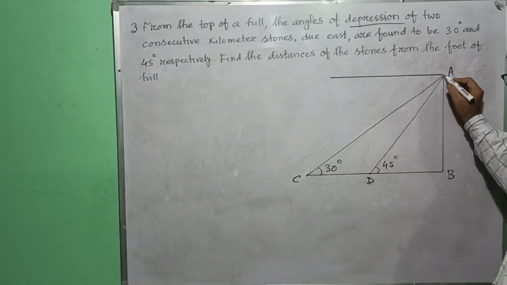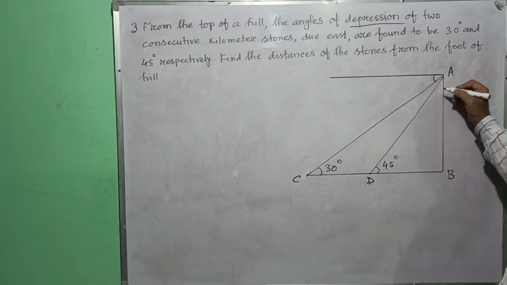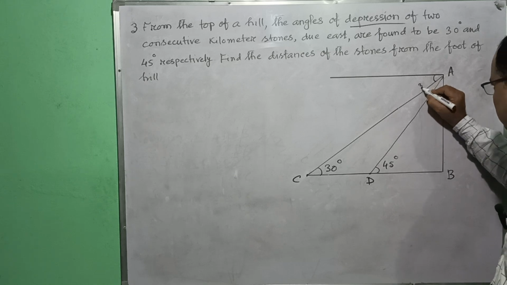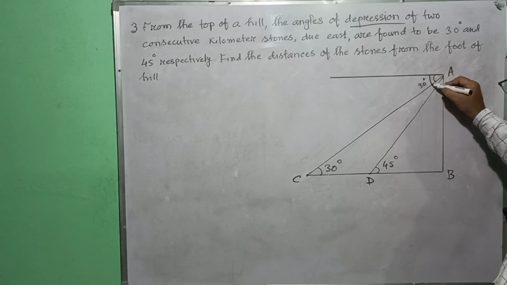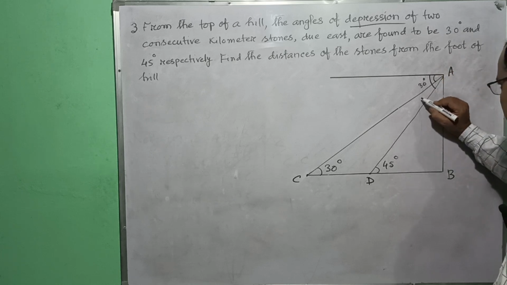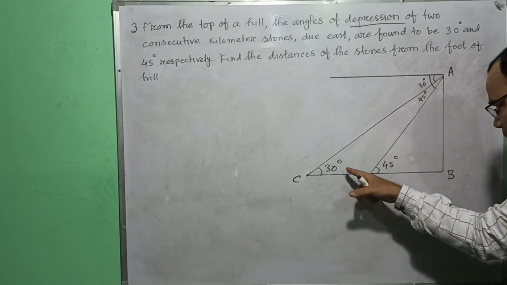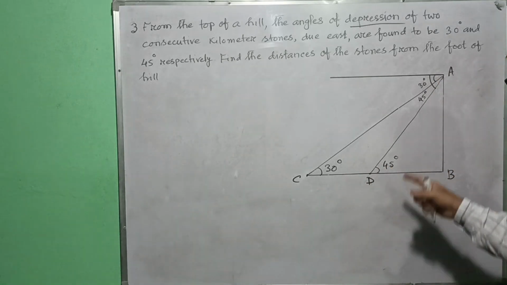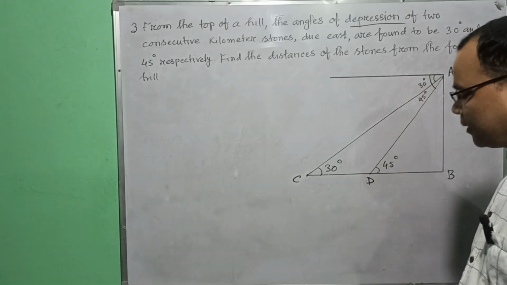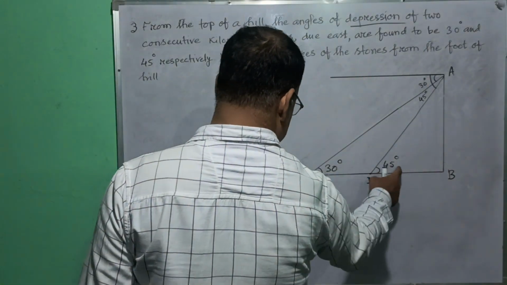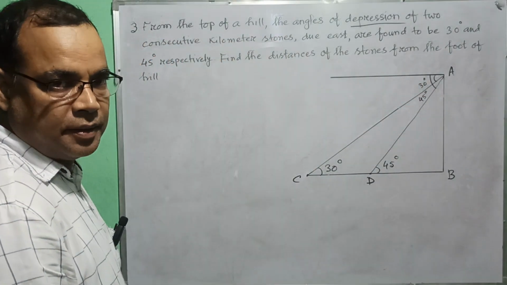First of all, we have to draw a horizontal line here, and then this angle is 30 degree, and the other angle is 45 degree. And from these two angles we are getting these angles, as these two angles are alternate interior angles. So we got these two angles, but in the figure you have to show these angles first.